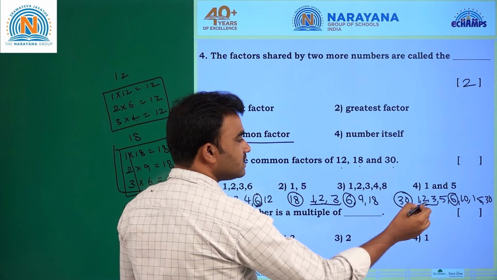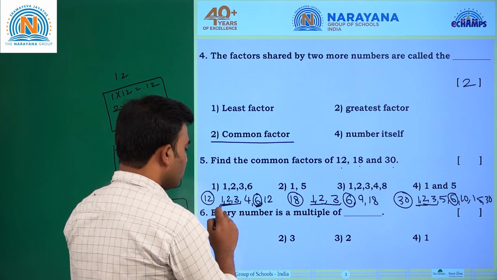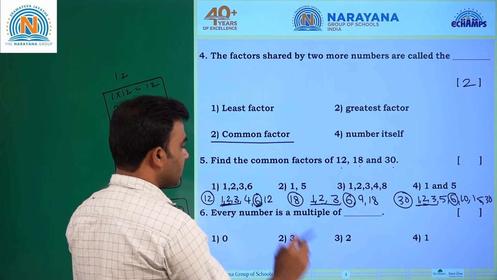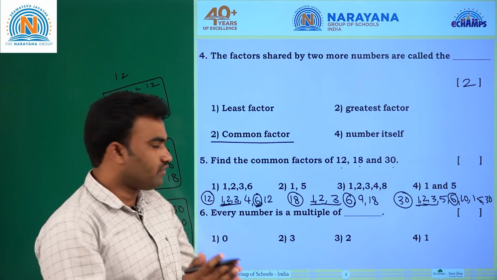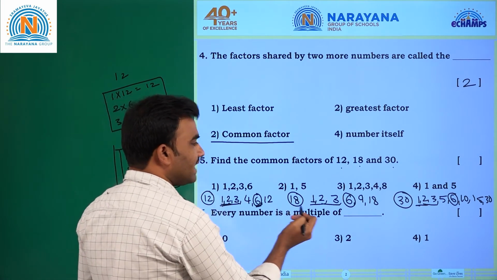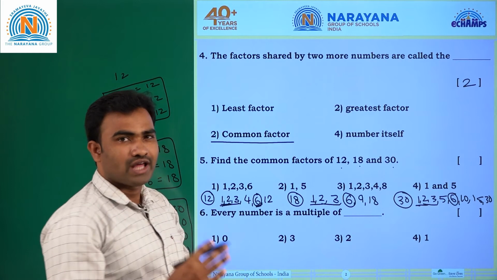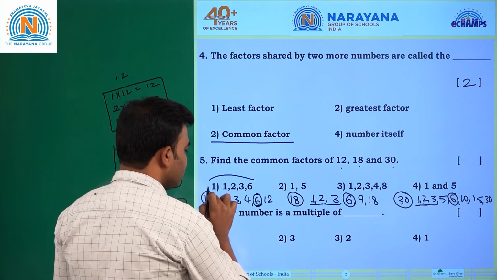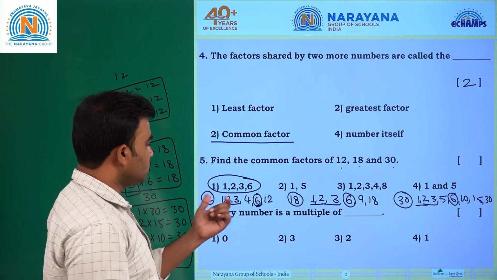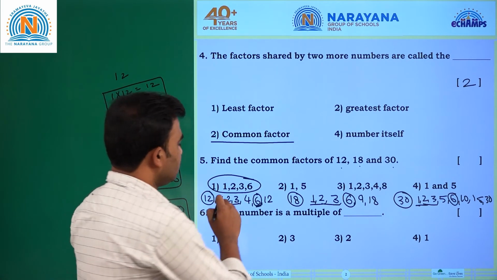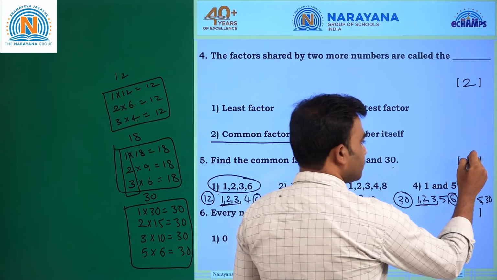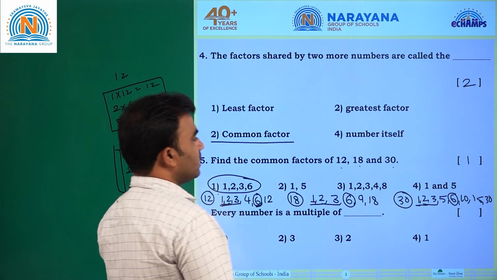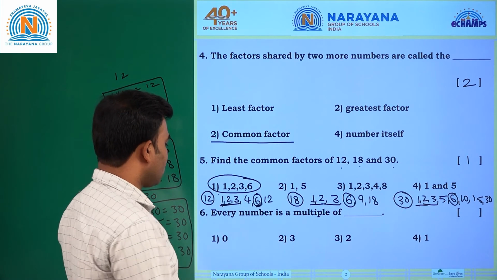Other than that, are there any common factors? Only 1, 2, 3 and 6 are the common factors for 12, 18 and 30. So the answer is 1, 2, 3 and 6. See, first option only. Option 1 is our answer.